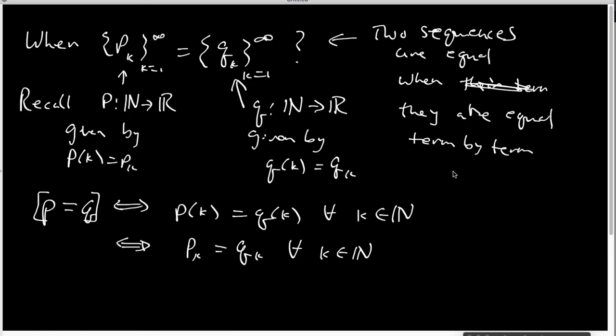In other words, pk equals qk for all k inside the natural numbers. I want to look at a specific example of what this means and what this does not mean.